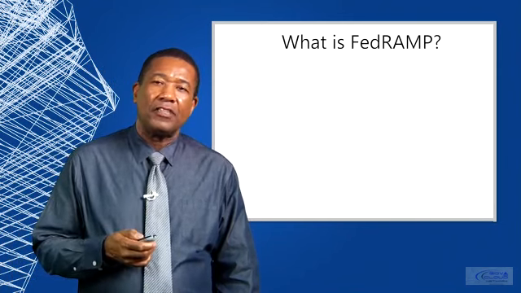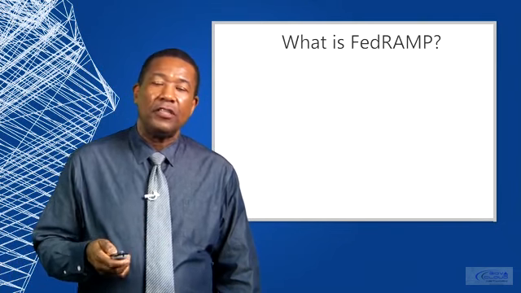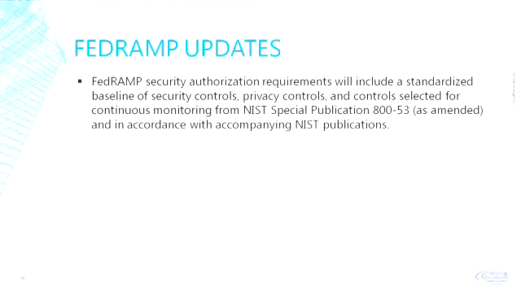The JAB will also establish methods for input to the FedRAMP security authorization requirements from all executive departments and agencies. FedRAMP security authorization requirements will include a baseline of security controls, privacy controls, and controls selected for continuous monitoring from the NIST Special Publication 800-53.